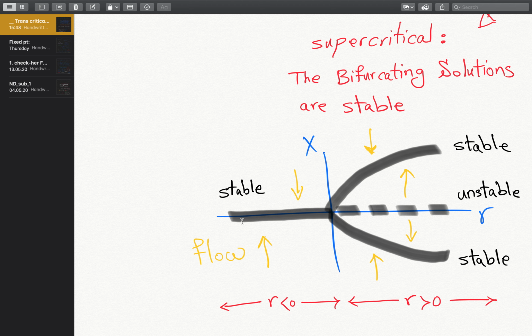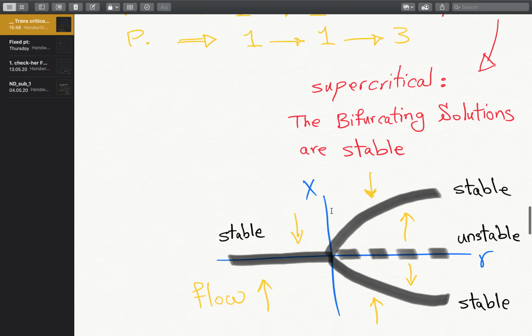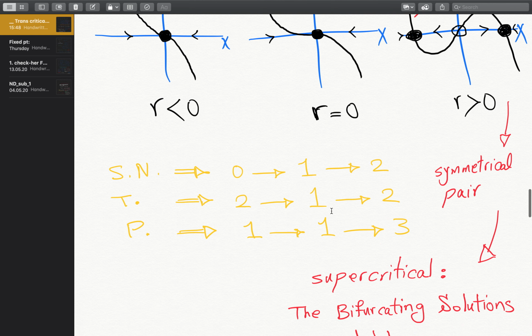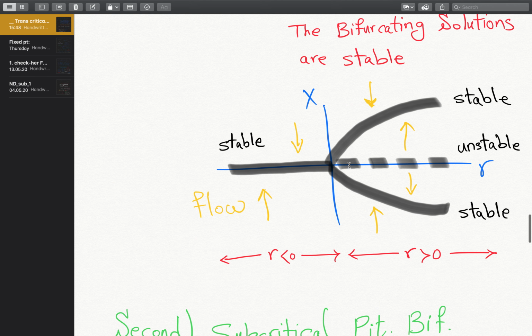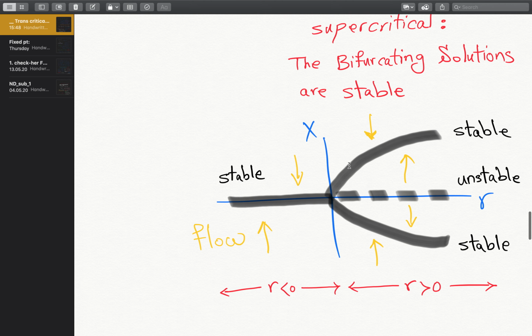And we see one stable fixed point for negative r's. And then for positive r's, we see that this stable fixed point is going to be unstable, and two stable fixed points are generating, bifurcating out of that stability.